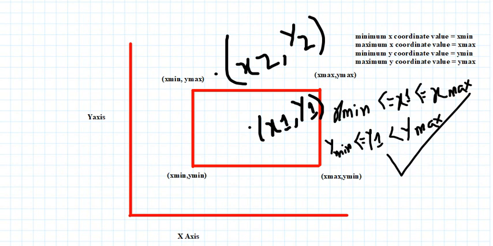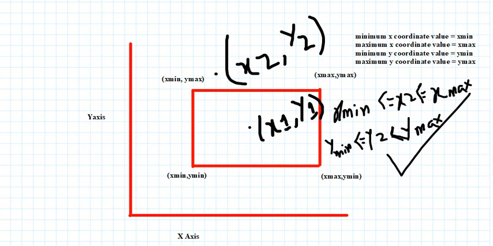Now, if you look at the second point, the outside point, which is x2, y2, you can see that this condition will actually not hold. Just give it a thought. If we put x2 and y2 into this algorithm, will this condition hold?